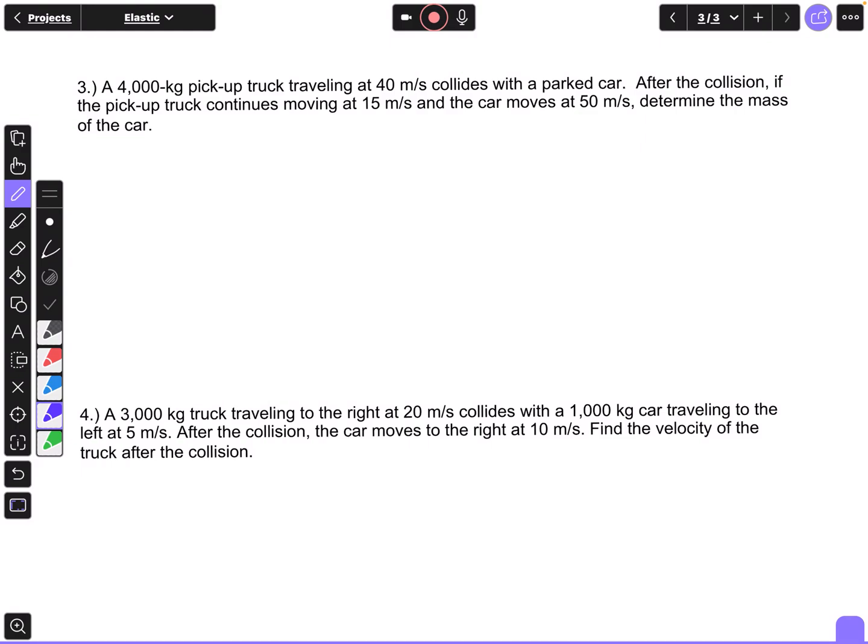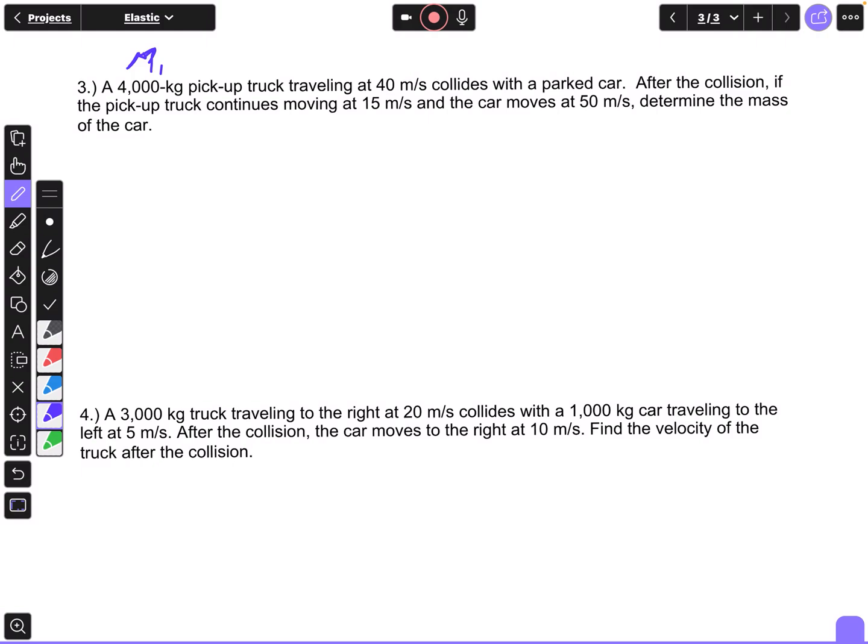So in this problem, I want to label what's going to be M1, M2. So for the 4,000 kilogram pickup truck, I'm going to call that my first object. So that's M1. It's traveling at 40 meters per second. That's going to be its initial velocity.